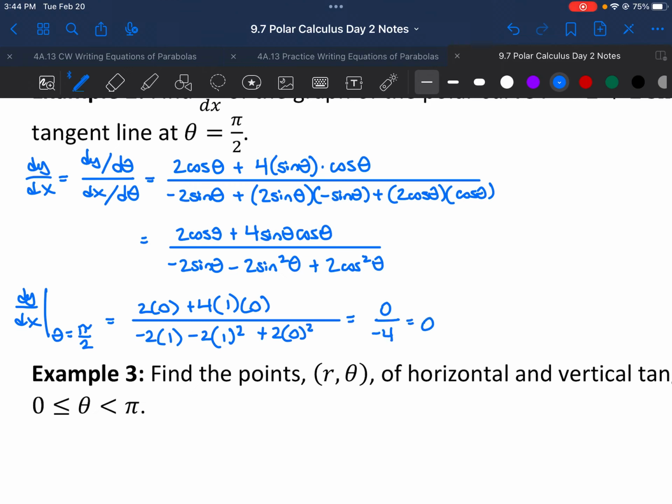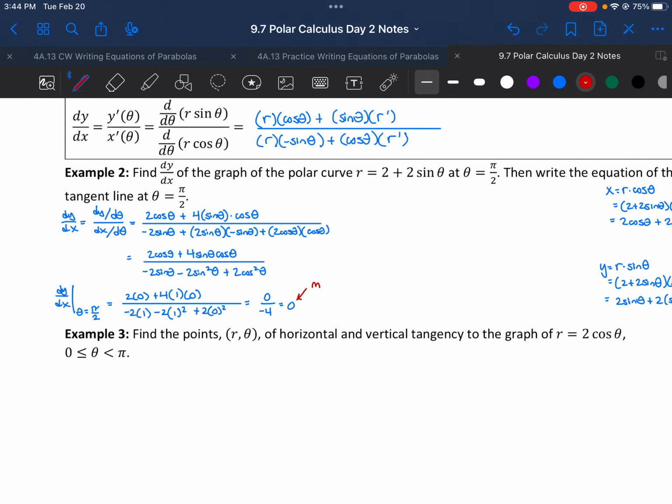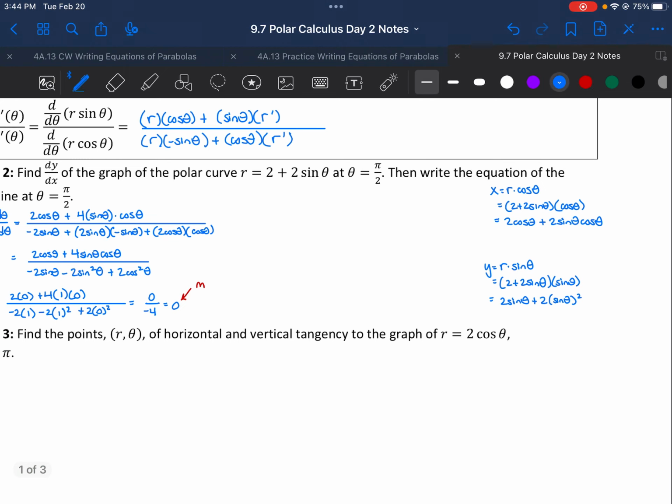All right, so that's our slope. This is our m.